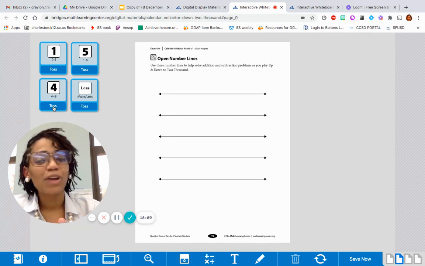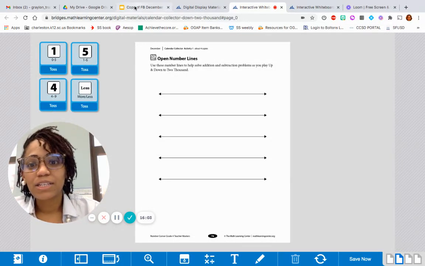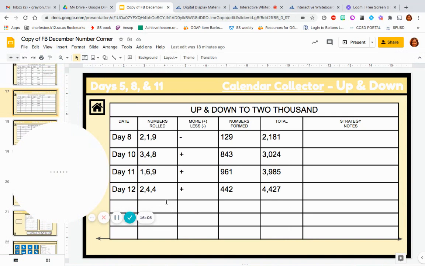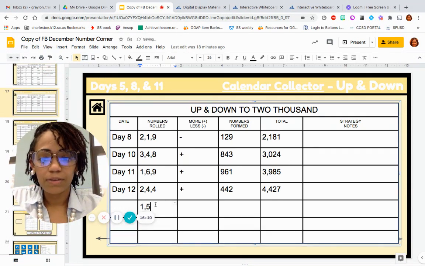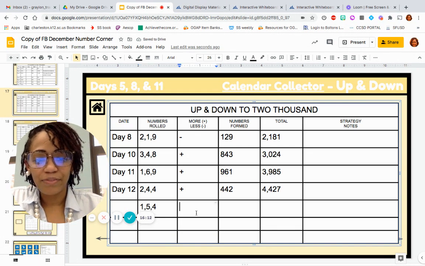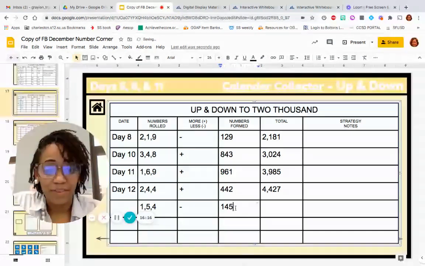And it looks like this time we're subtracting. So less is what we got. And we have the digits 1, 5, and 4. So I'm going to add that here. 1, 5, 4. We finally get to subtract. So we're going to make the number 145.